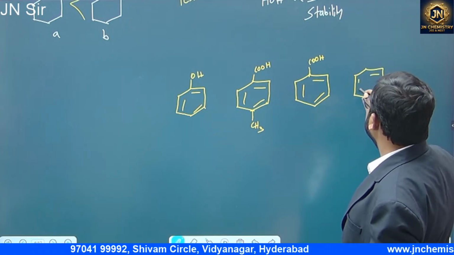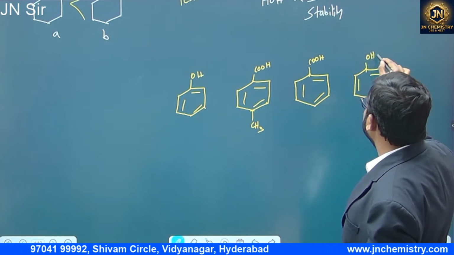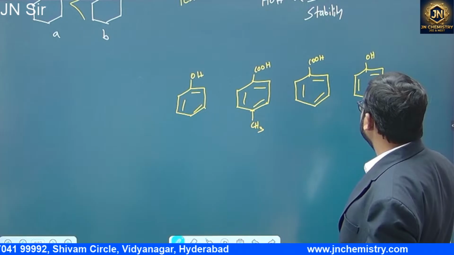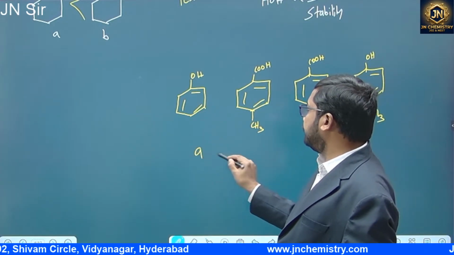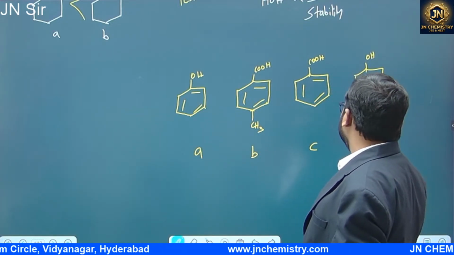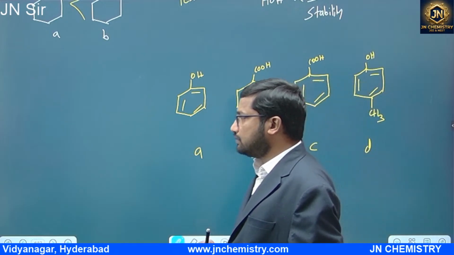The question is the acidic order. ABCD, which is the more acidic nature?